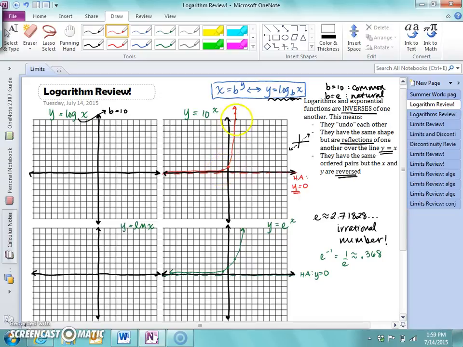So let's take the three ordered pairs I have here and reverse them, and we'll get the graph of our logarithm. So I had the ordered pair 0, 1, meaning I'll have the ordered pair 1, 0. I had the ordered pair 1, 10, meaning I'll have 10, 1. And I had the ordered pair negative 1, 1/10, or 0.1. So that means I'll have 0.1, negative 1, right there.